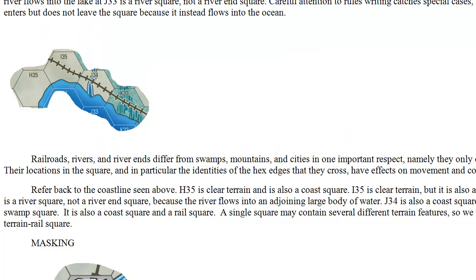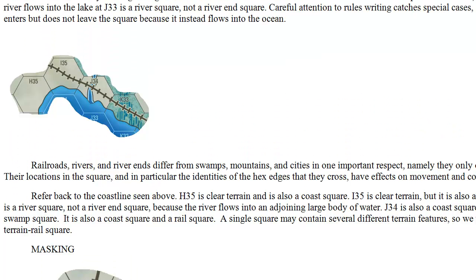And so we come back and we have looked at several different terrain features, so let us look at this piece of map which we've seen before again. The square here is clear terrain. It's also a coast square. This square is also clear terrain, but it's also a coast square. It's got a piece chewed off by the lake, and it's a railroad square. There's a railroad running through it. This square is variously a river square. See the river here.